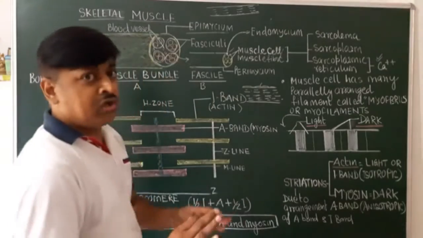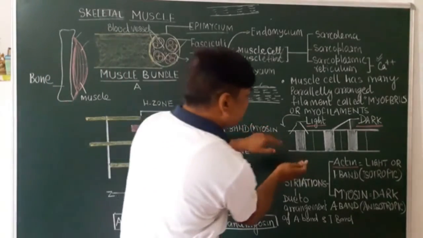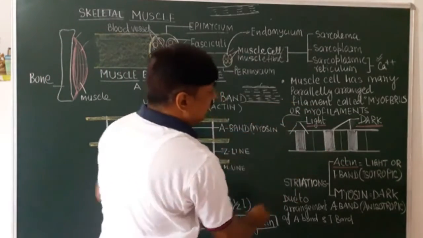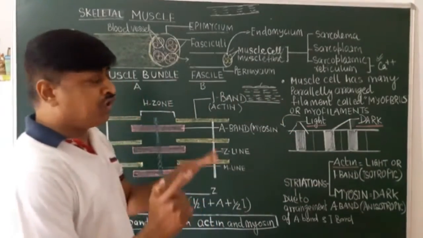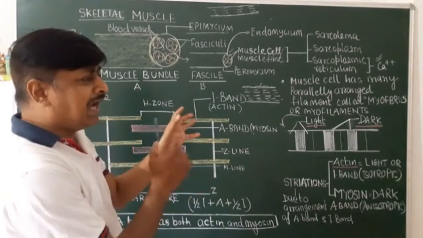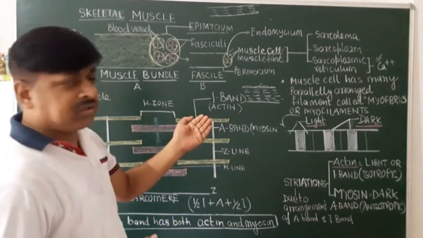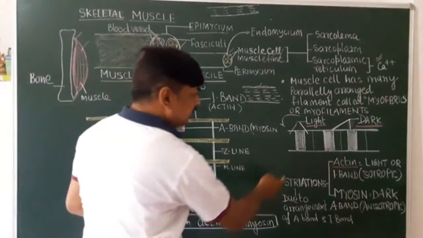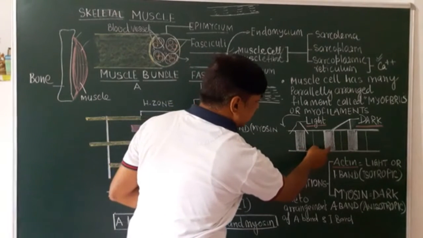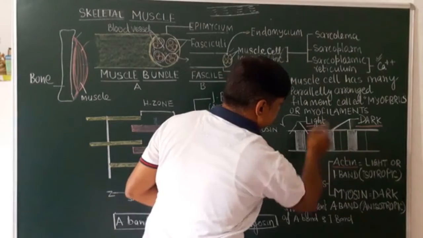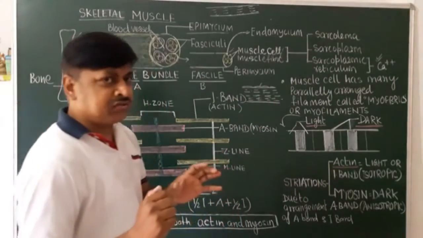Clear? So you focus on it. Pay complete attention here. Clear? It's the structure of the myofibril. So here you can see the alternate dark and light bands. You can see dark band, light band, dark band, light band, dark band. Clear student?